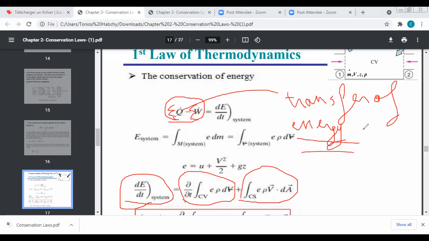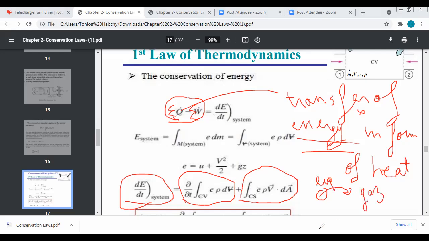This is related in general to variation in temperature, or sometimes you can have heat transfer that is latent. If you remember, when you have a change in phase, you can have constant temperature but you will have transfer of heat in latent form. So whenever I move, let's say, from liquid to gas, if I have evaporation, I can have exchange of heat at constant T, for example.